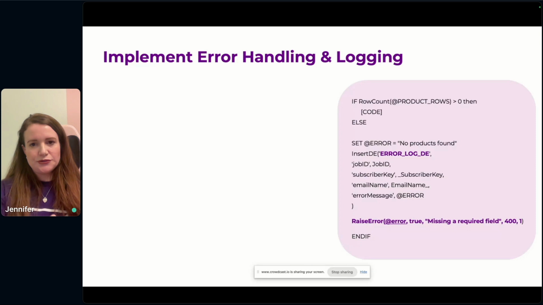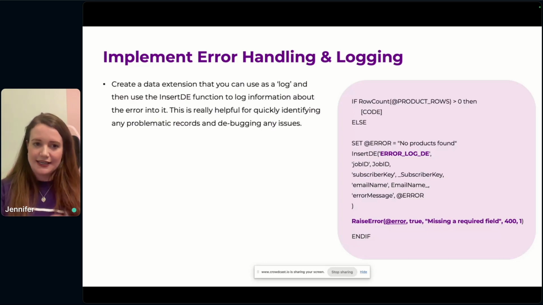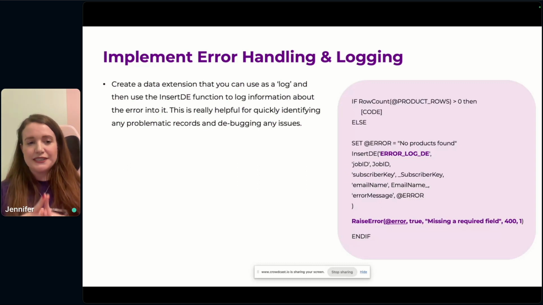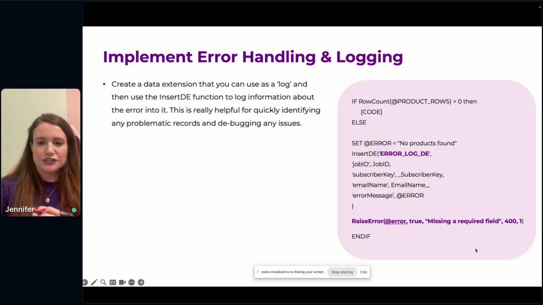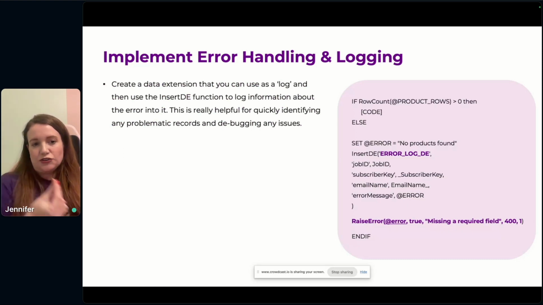So my first one is to implement error handling and logging. This is quite important when you're dealing with large data sets. You want to be able to find and identify any problematic records quite quickly and easily. So my first piece of advice is to create a data extension that you can use as a log, and then you can use the insert DE function, which I've shown here, to log information about the error into the log.